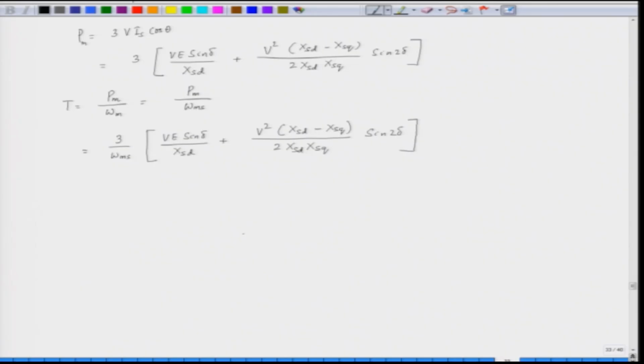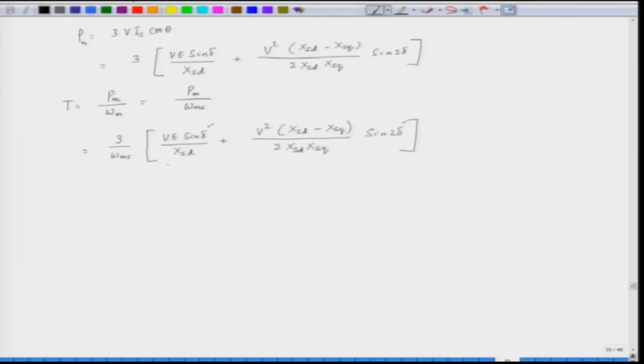Now, in a salient pole synchronous machine, we see that T is a function of sin delta, also sin 2 delta. Because of saliency, X S D is not equal to X S Q. That is why we have the term sin 2 delta.